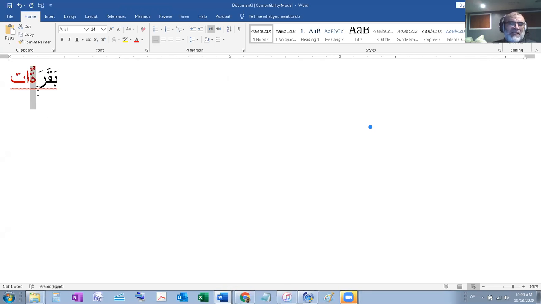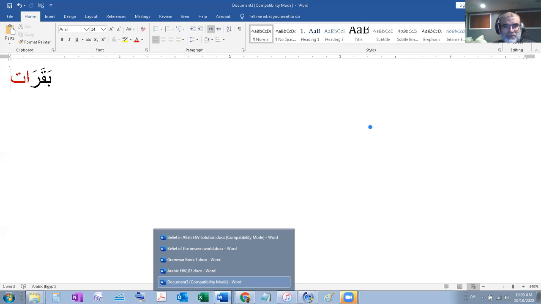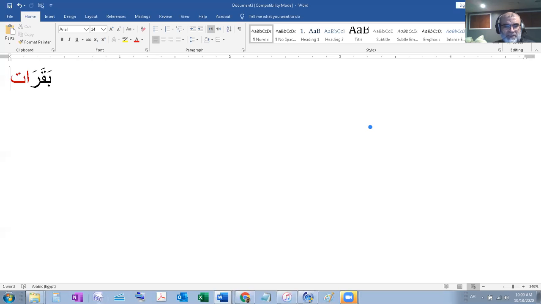The second error is that to convert to regular female plural, you take away the تاء مربوطة. Then you add بقرات, you add تنوين if you wish. The default case is تنوين ضمة. So بقرات, تنوين ضمة.